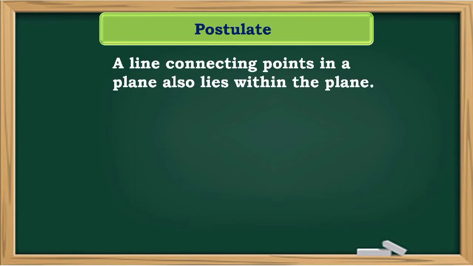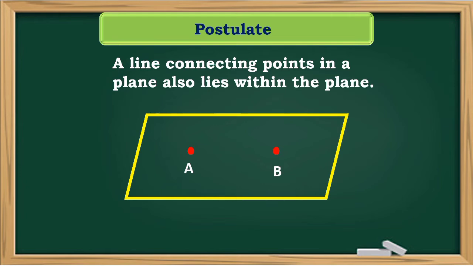The next postulate is: a line connecting points in a plane also lies within the plane. For example, we have points A and B, which lie within plane C. We are going to connect these 2 points using a line.